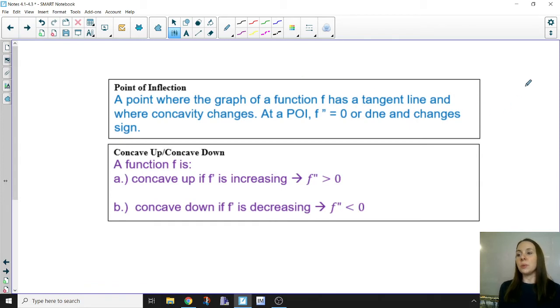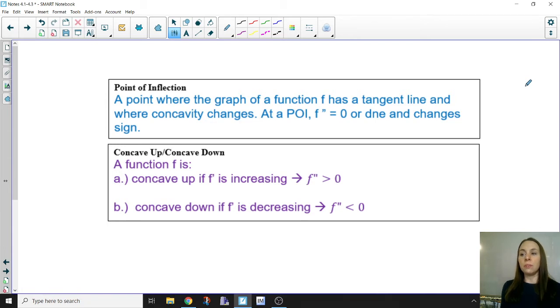Okay, let's move on to a couple of other definitions though, and these ones are pretty important to discuss. A point of inflection, we already talked about this in the warm-up, but it's really important, so let's say it again. A point of inflection is a point where the graph of a function f has a tangent line. That basically means that it's not a place where the function is undefined or the first derivative is undefined, okay? And where the concavity changes.